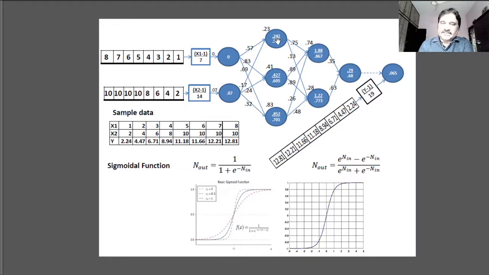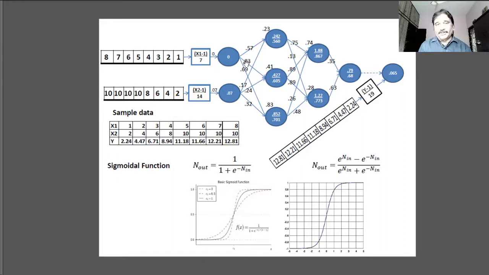To make you understand this process a little bit in detail, we'll go to the next transparency. But before that, there is something we need to understand. Again, in this neuron, what is going to happen? You will find all the connections coming to that neuron, and the weights on those connections, and you will multiply these weights by the values at the neurons which are at the tail of these connections.